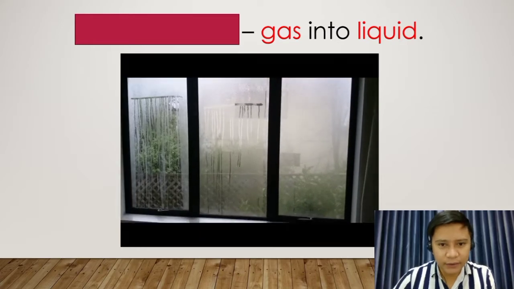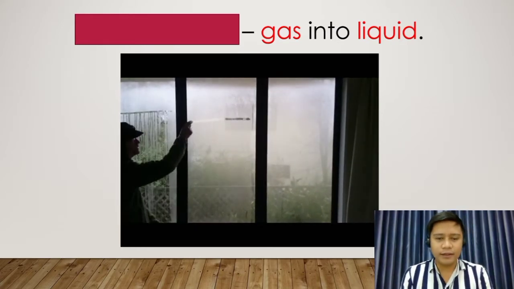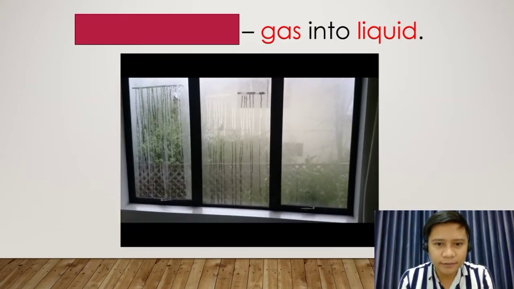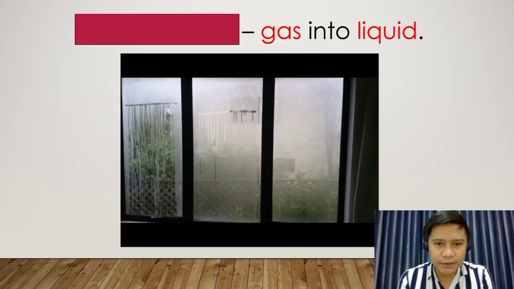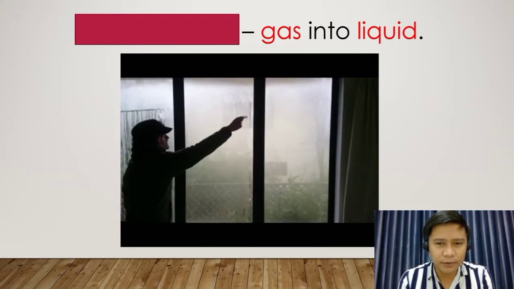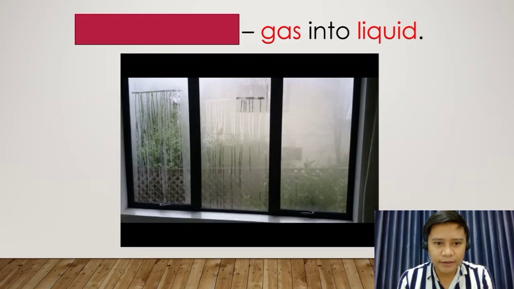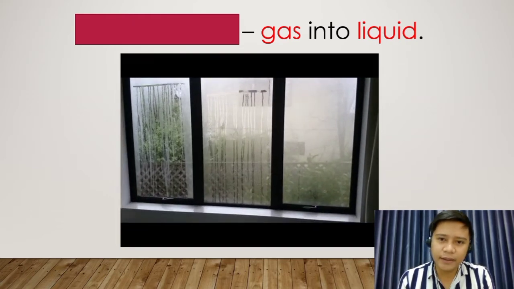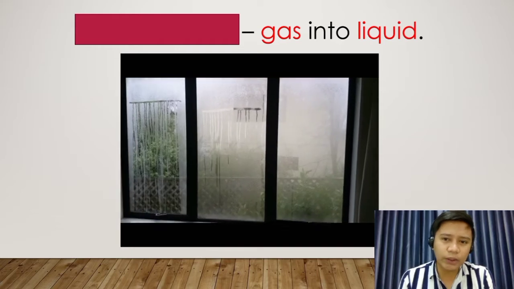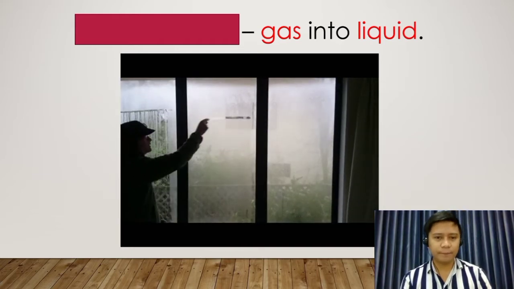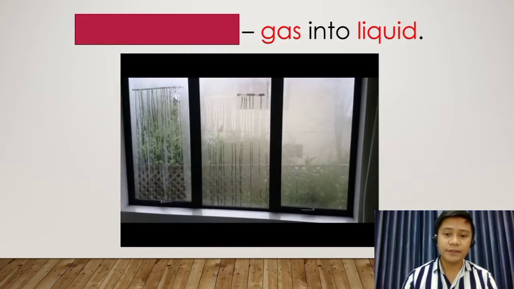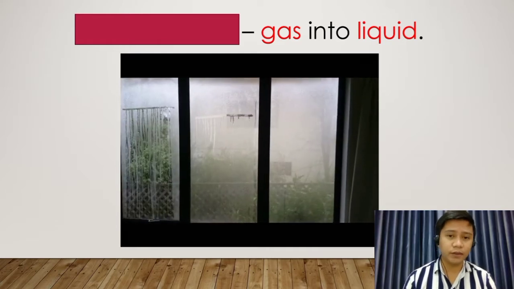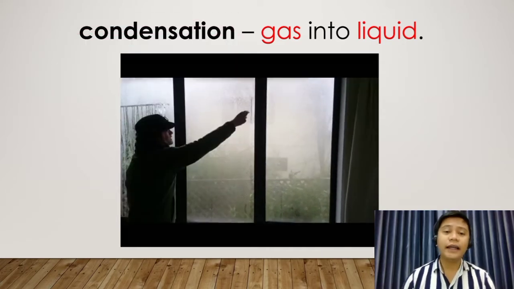This one, look at the clip or the art. As you can see, there's moisture, what we call the gas, and then it changes into water or liquid. So the meaning is gas into liquid. So what is this process or physical change? We call it condensation.